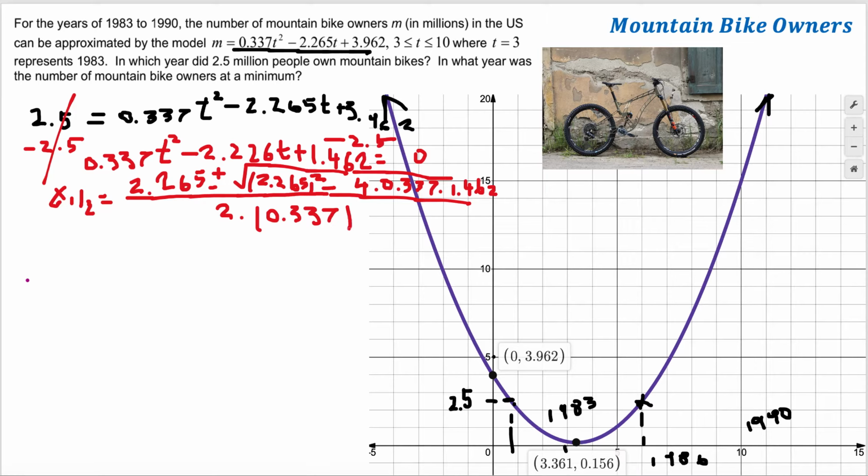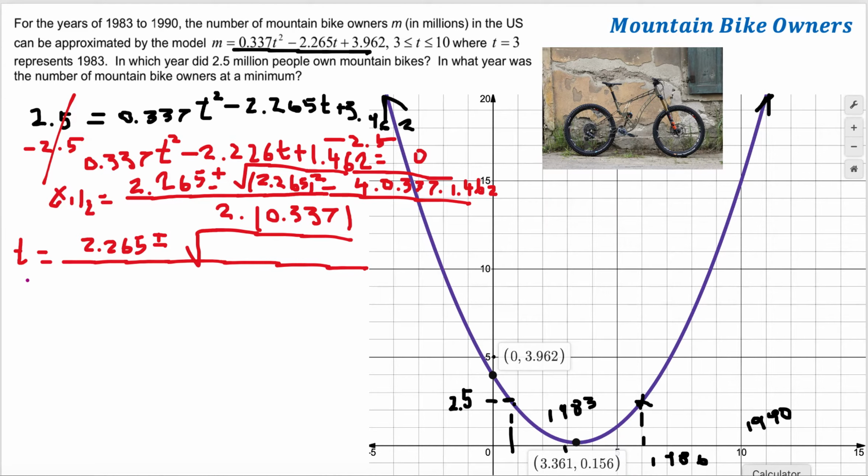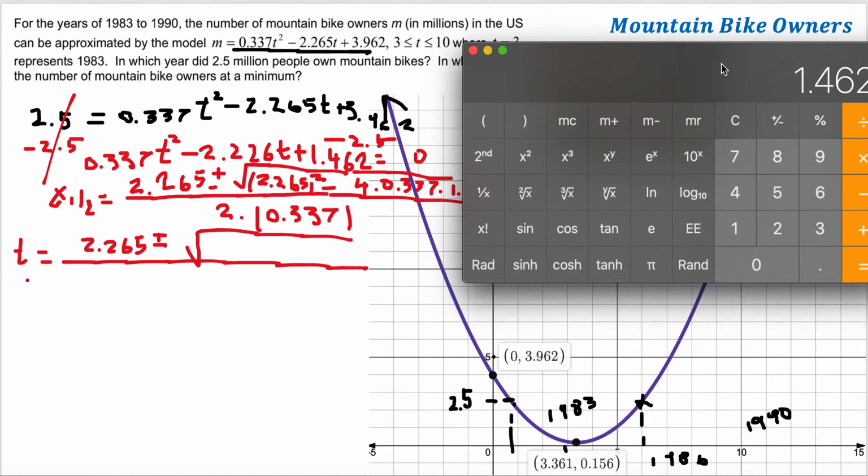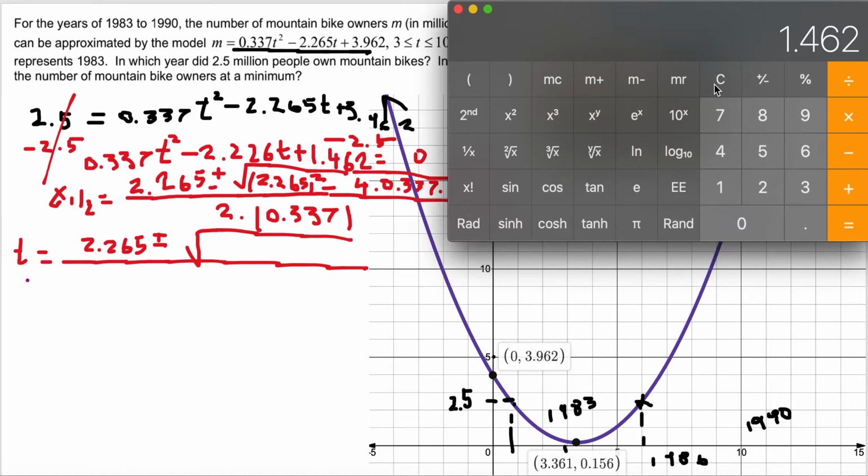Now we can clean up a little bit this mess because it's very messy. Let me write just t instead of t1 and 2, which signifies 2 values. Here I have to write 2.265, so it takes me a little longer to write those numbers because I am not very good with writing. Minus, and now I'm going to have 2 values, so let me calculate quickly.